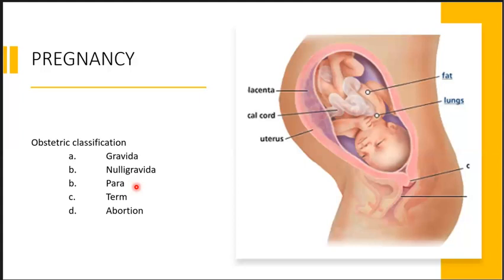And again, whether the infant was born alive or dead is still categorized as para. Term pregnancy would be any infant born from beginning of the 38th to the end of the 42nd week. And abortion would be any pregnancy that terminates before the period of viability.